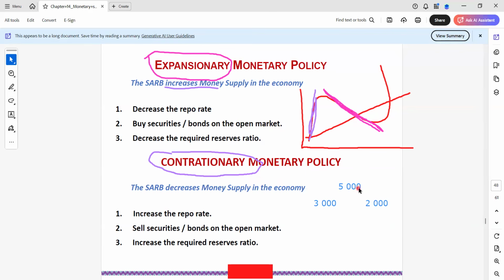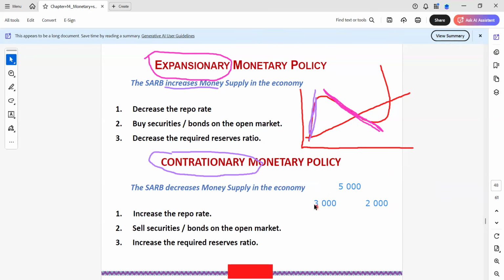Let's say the South African Reserve Bank says that this bank has 5,000, and they say you should hold 3,000. That means this bank has only 2,000 that it can use to offer credit to people or to make loans and so on. The 2,000 is the amount of money that banks can actually use, or is in circulation, because the other amount is the cash that is reserved.